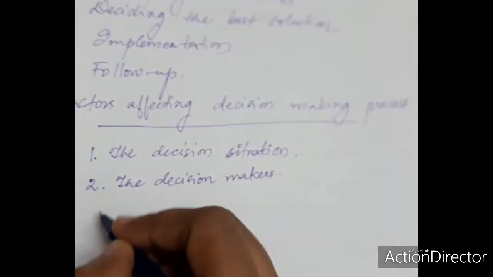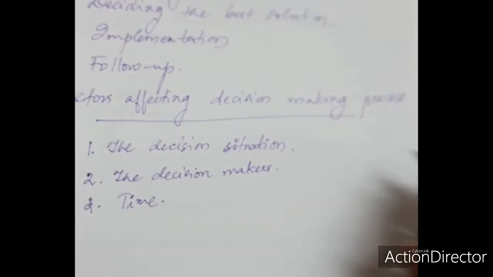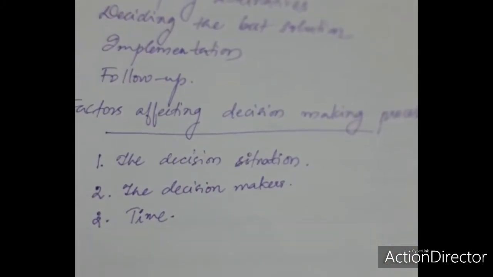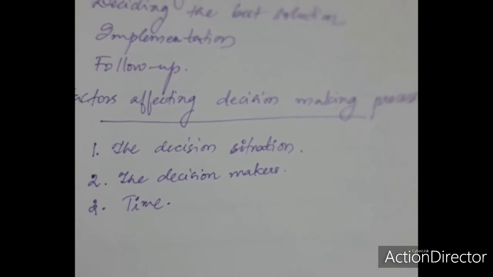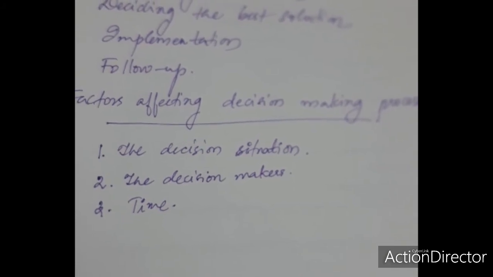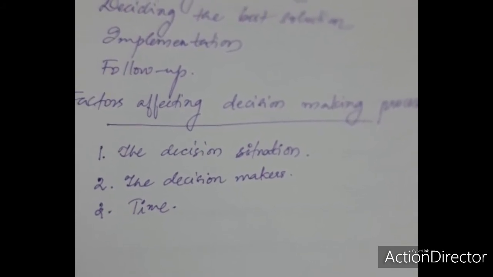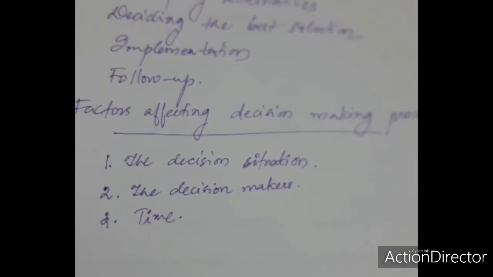Thirdly, time. So a decision is made at a particular time in a particular set of circumstances. That is, when you have to take this decision, as we've already said about the decision situation, that situation might happen at a specific period of time.